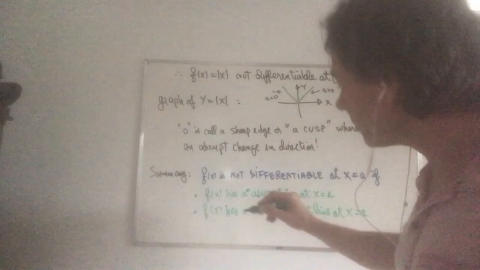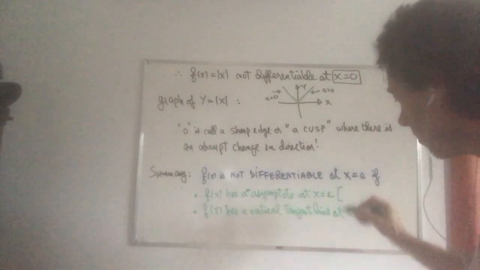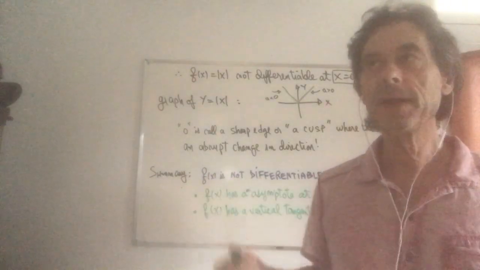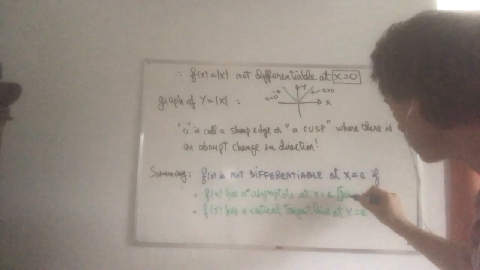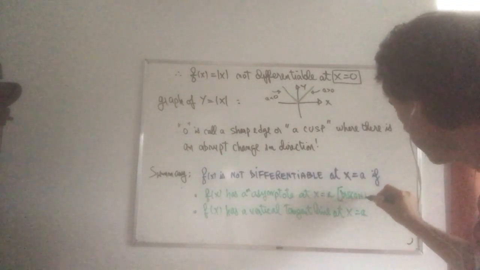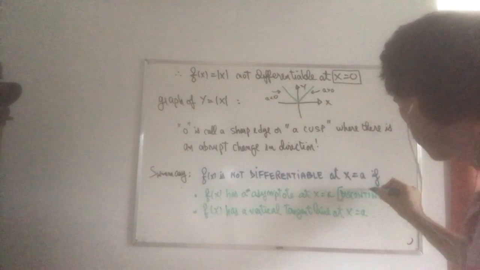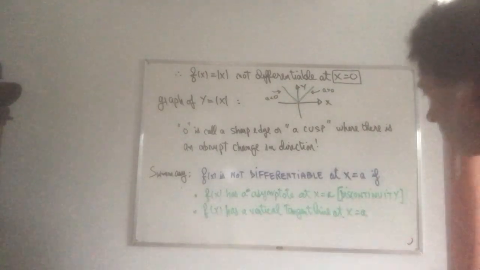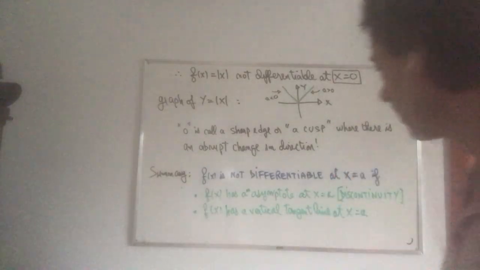So, by the way, on the first one, f of x has an asymptote, and asymptote means what? What do we correlate asymptote to? Discontinuity, right? So discontinuity in the form of an asymptote results in a point of non-differentiability.